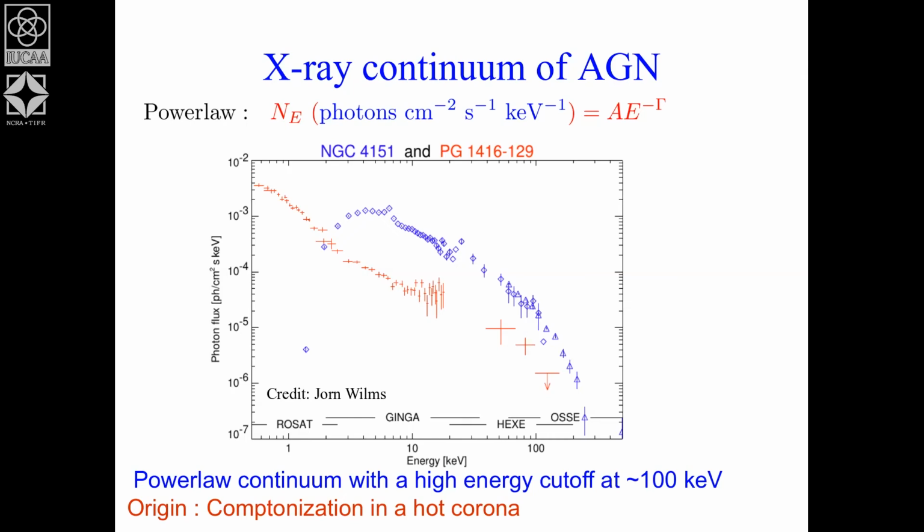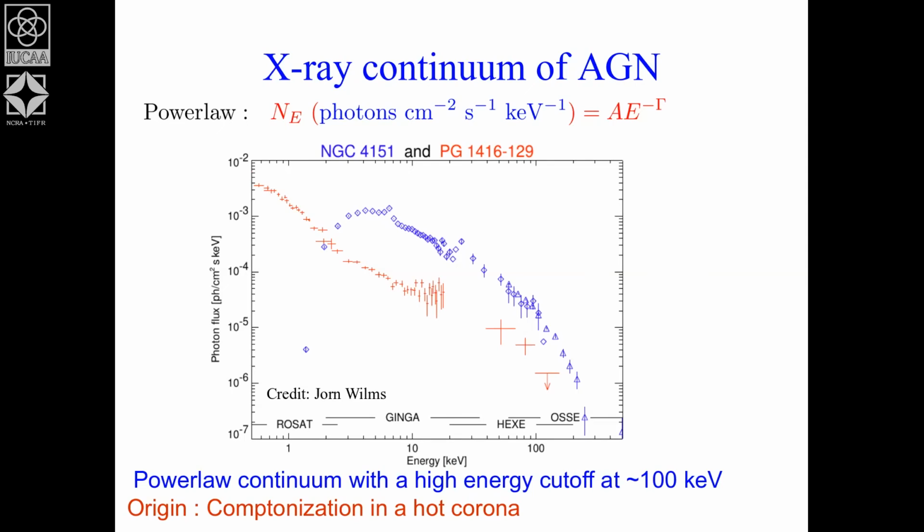Then in the y-axis, we have photon flux, photons per centimeter square per second per keV. Here in X-rays, we measure individual photons, so that is why we plot in terms of photon flux rather than the energy flux. And these are log scale, so any straight line will be a power law spectrum.